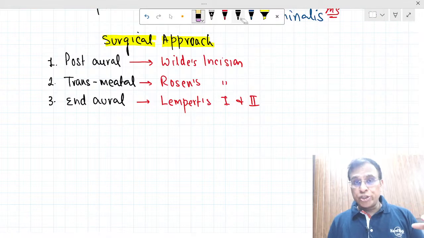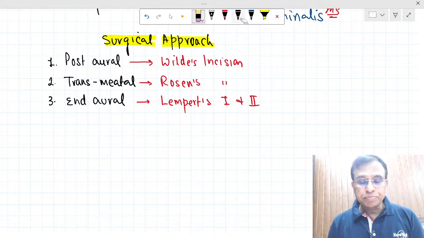Now, Wilde's incision compared to the other two has 4 to 5 advantages. But I am interested in the most important advantage.